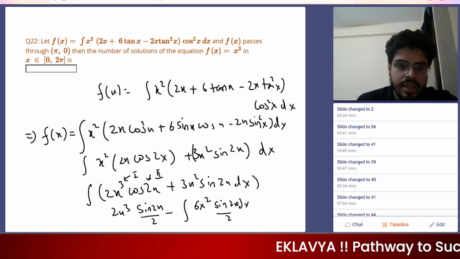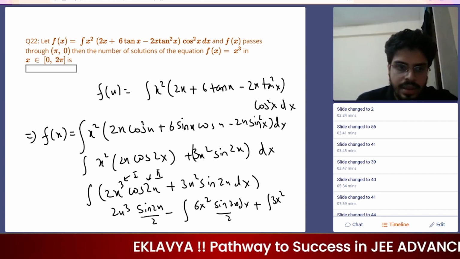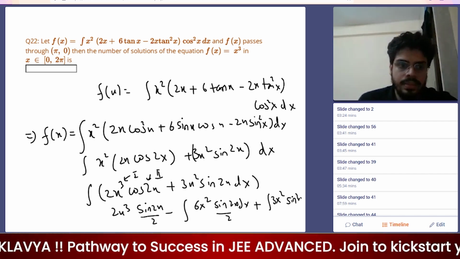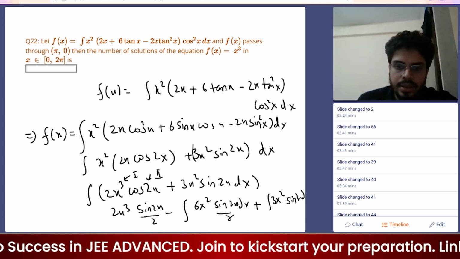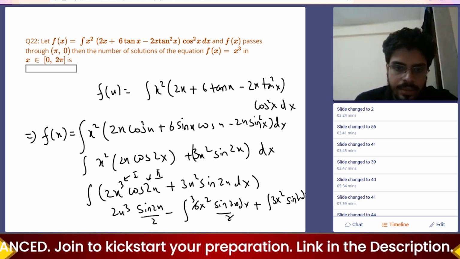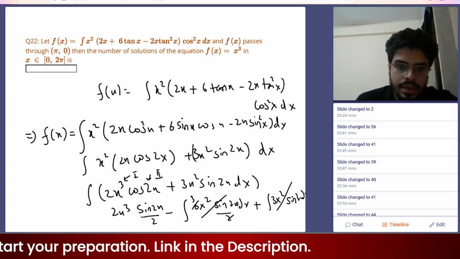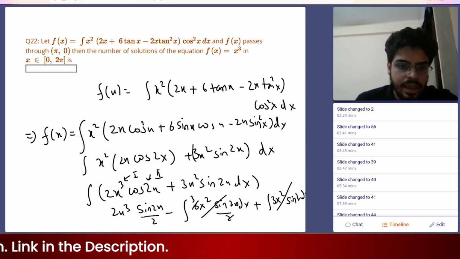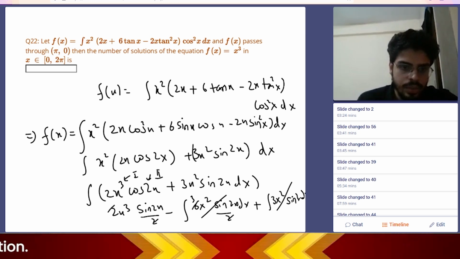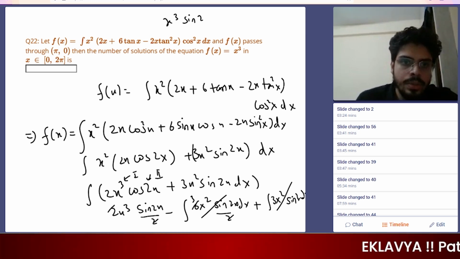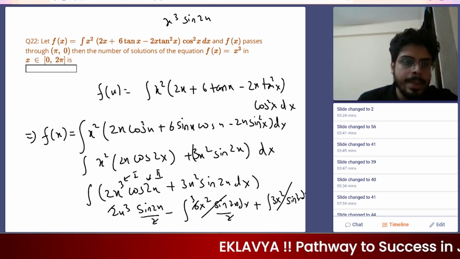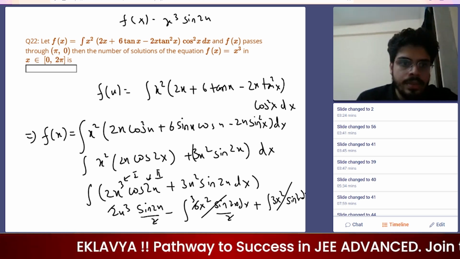And the remaining thing here is plus 3x square sine 2x dx. So these two will get cancelled, and the answer will be 2x cube sine 2x by 2, that is, x cube sine 2x. So this is f(x).